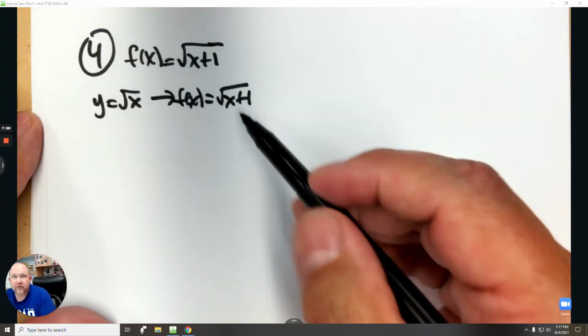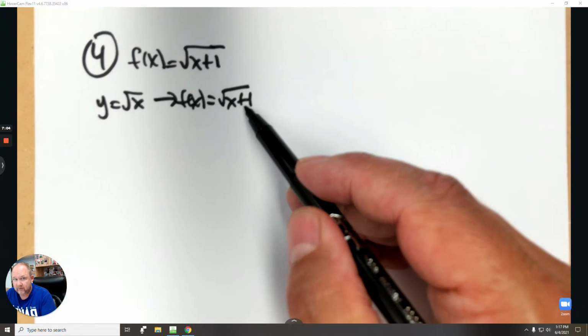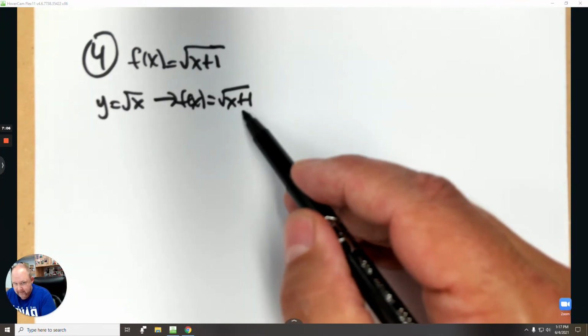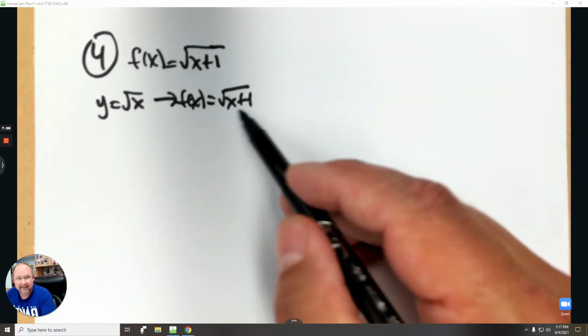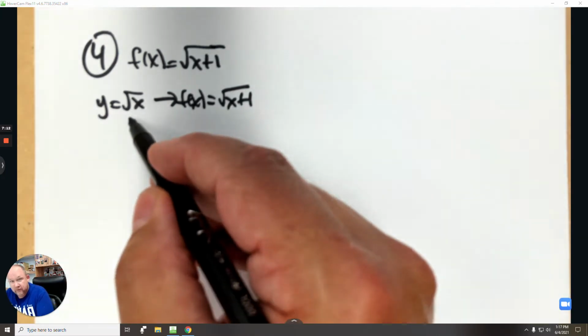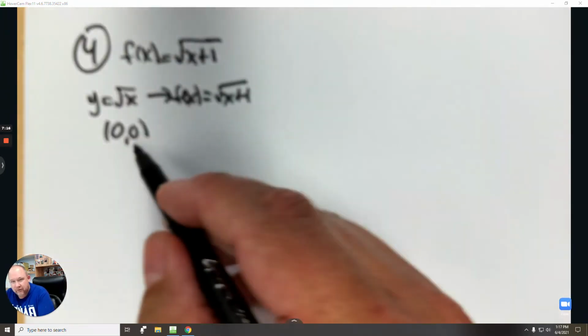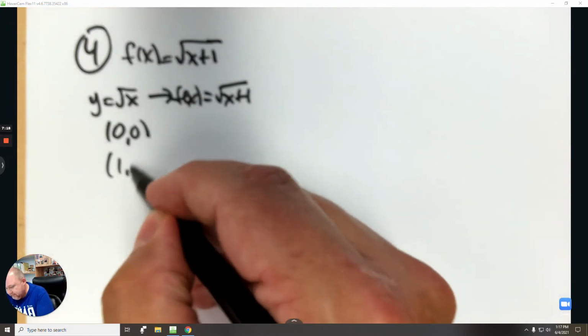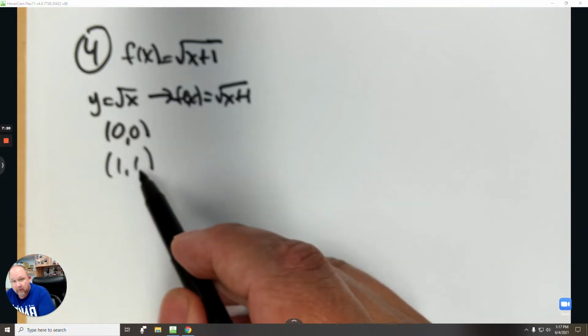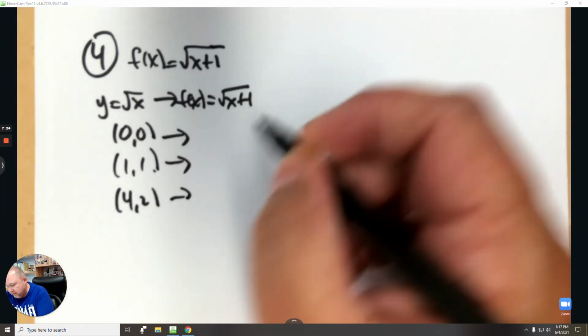So I want you to notice the change that took place is under the square root sign. It's inside the function. And it affects the x values, the domain, and we'll do the inverse of what we see. So we're going to subtract 1 to all the x's. So for the parent, 0, 0 is the starting point. And then the square root of 1 is 1, and the square root of 4 is 2. And we're going to change these points.